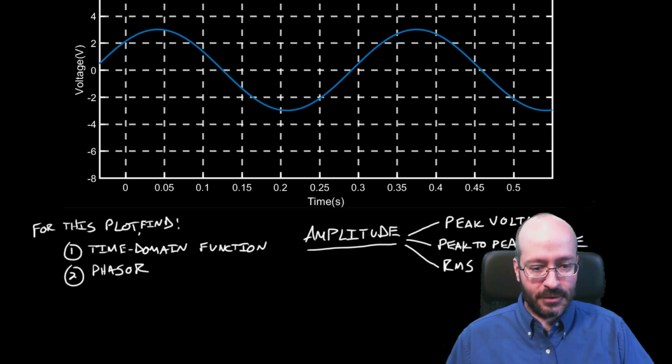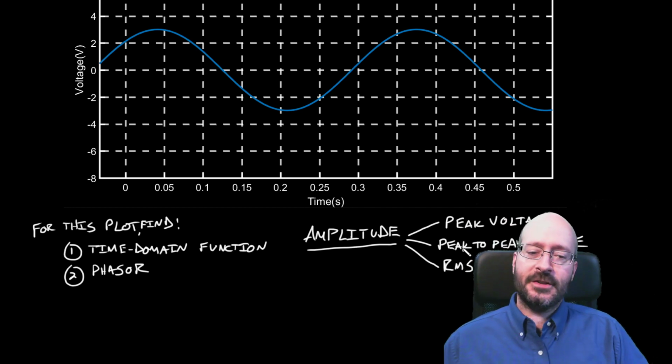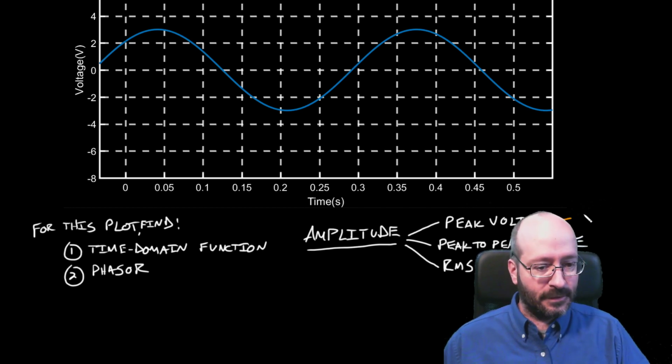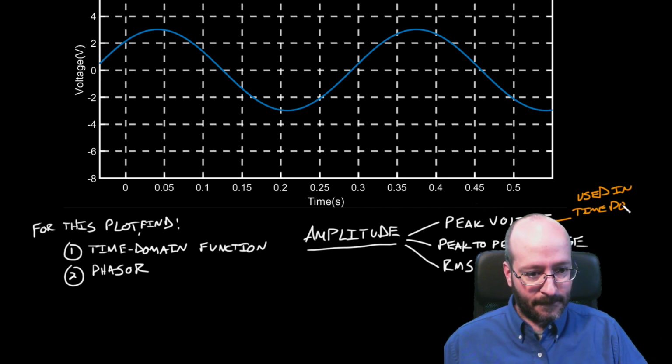We'll cover that in a future video, why that one's important. But peak voltage and peak-to-peak voltage we're going to talk about here, and that's because this is used in the time domain, squeezing it in here, and phasor forms.